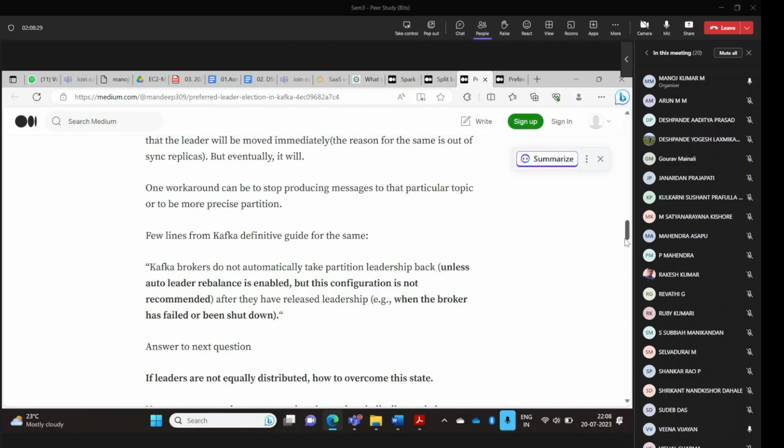So the leader will not take the leadership back. Auto leader rebalance is enabled.